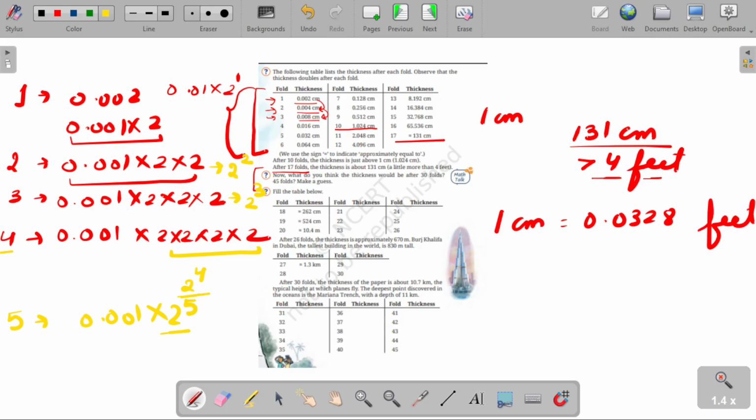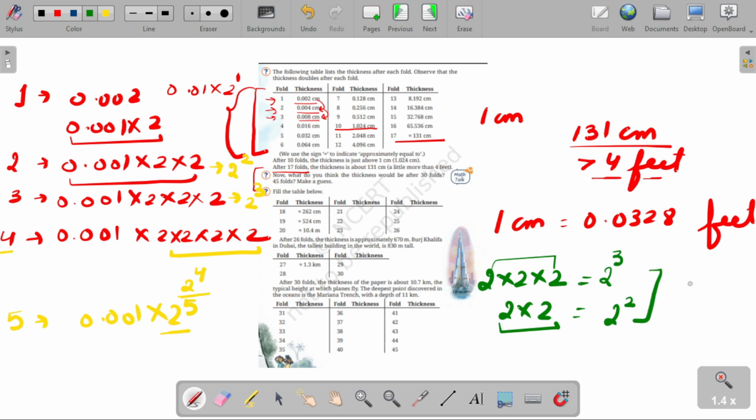I want to tell you a very important thing now. 2 into 2 into 2, or 2 into 2, 2 multiplied with 2, that means 2 square. You have heard of it. 2 multiplied 3 times, that means 2 cube. This we have already learned from the previous chapter, square and cube, right? What if you have multiplication 4 times?